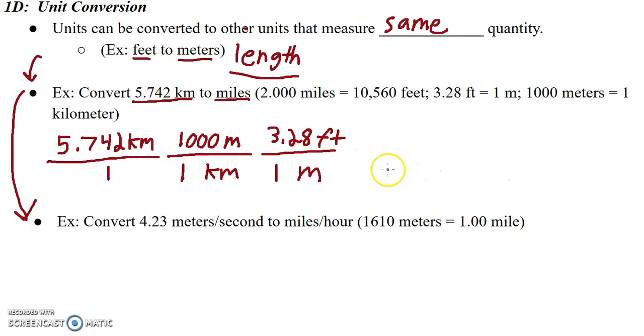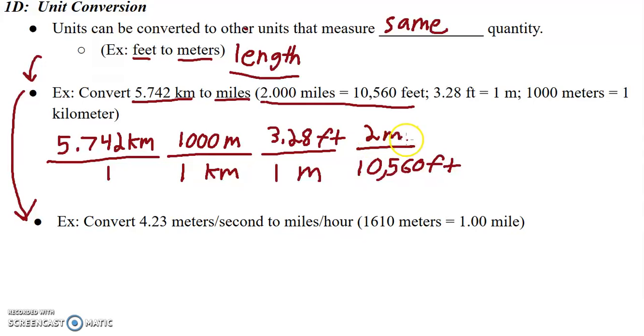And then the next thing we can get, there's a conversion from feet to miles here. Here we go. 10,560 feet is equal to 2 miles. And then we're really there. We got to miles. If we look at this, all the units cancel out.